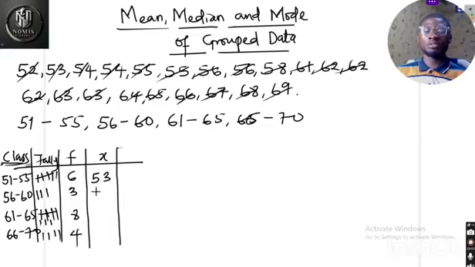So 58 will be the rep. 61 and 65 will be 126, and that will be 63. And then 67 and 70 will be 137, so 136 will be 68. So these are the class reps.